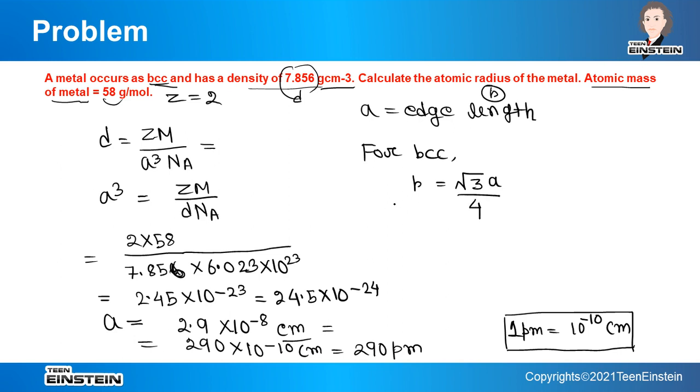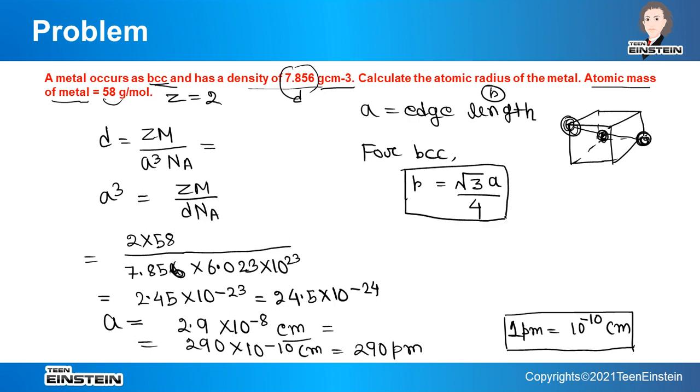If you cannot remember this formula, you can simply draw the BCC lattice like this. In a BCC lattice there is a body center, and this is one corner, this is another corner. This length, the body diagonal, is root 3 a, and that is equal to 4r. So by drawing you can also derive this formula.